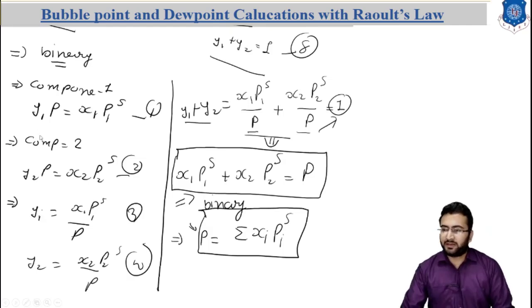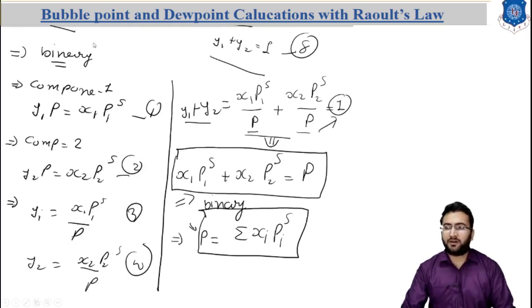Now rearranging equations 1 and 2 by making y1 and y2 the subject. For equation number 1, if we make y1 the subject, then it becomes x1 into P1 saturated upon P, and for component 2, that becomes y2 is equal to x2 into P2 saturated upon P, which becomes our equation number 4.